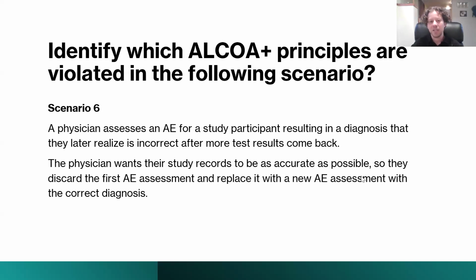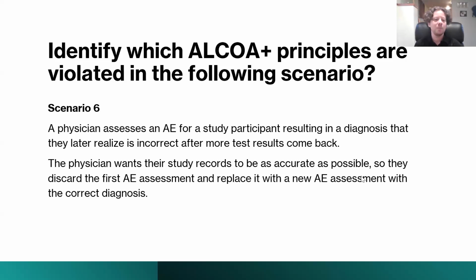You need to have the documentation of the original incorrect diagnosis, and then later you can add the new diagnosis as you get more information. So it's important that you're documenting all of that. You don't want to lose that original piece where the incorrect diagnosis was made because that could be important for the study. And even if this is well-intentioned, it could look like fraud to an outside observer, right?